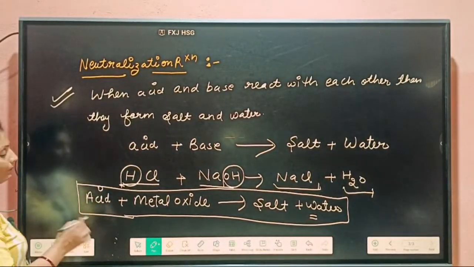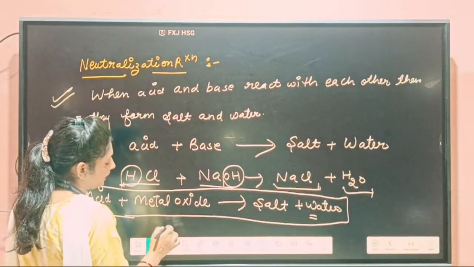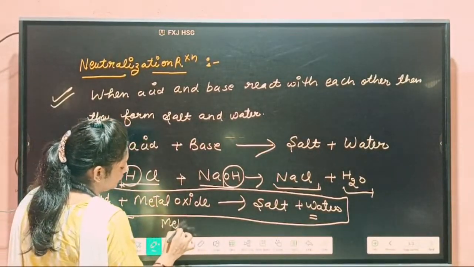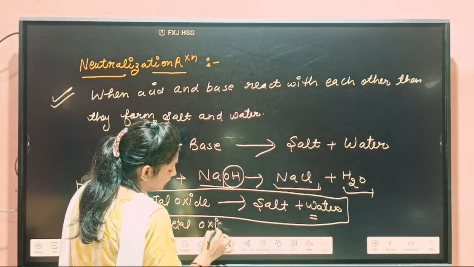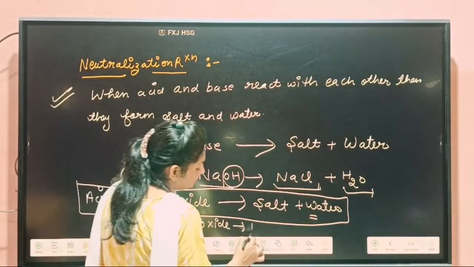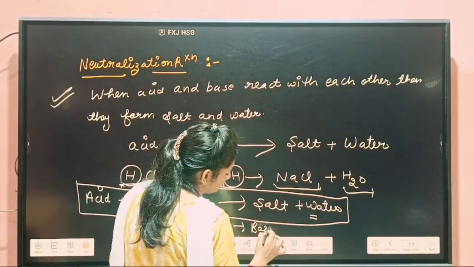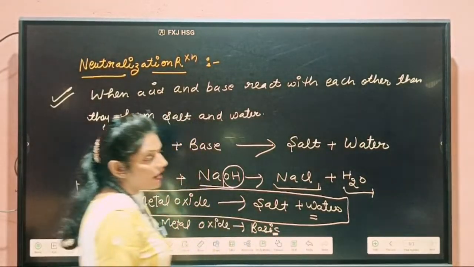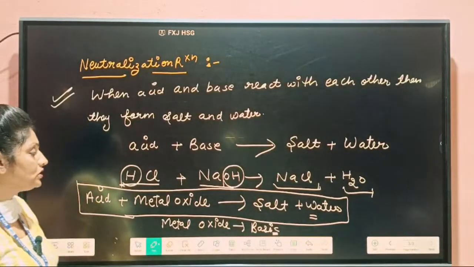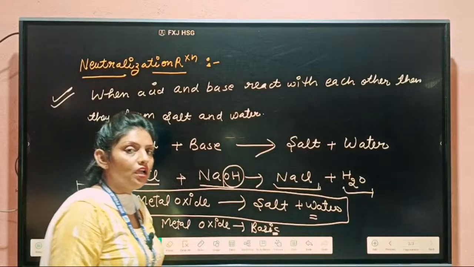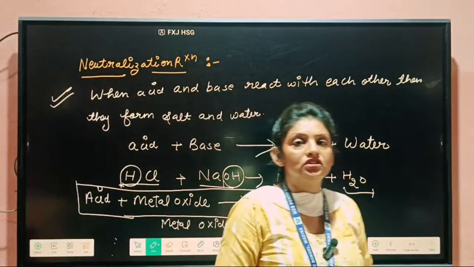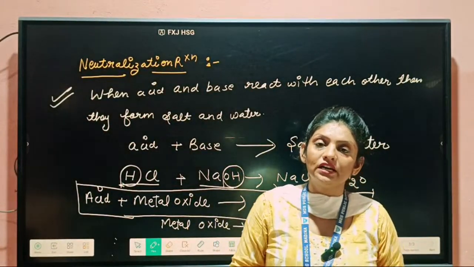Here you know, metal oxides are generally basic in nature. Some metal oxides, like oxide of aluminium, Al2O3, and oxide of zinc, ZnO, are amphoteric.